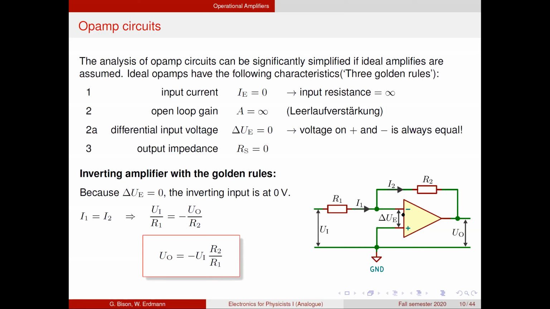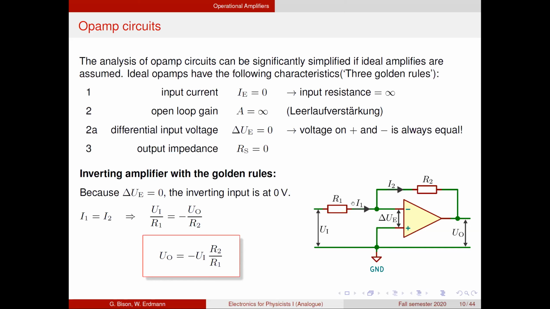This current is between voltage 1 and ground, so it's input voltage divided by R1. This current is output voltage with respect to ground, so it's output voltage divided by R2. These two have to be equal. Boom, we get the correct expression for the inverting amplifier. Okay, so using the 3 golden rules makes it much easier to treat op-amp circuits.